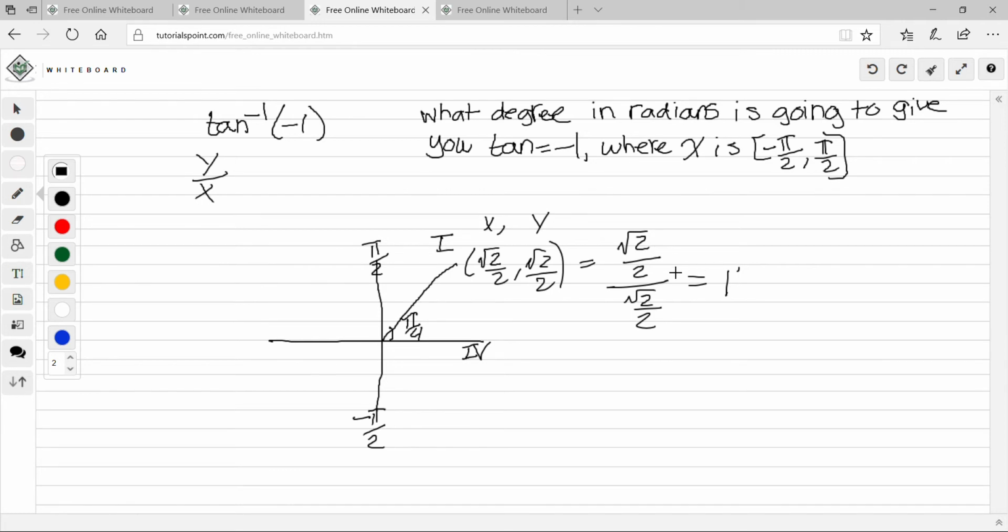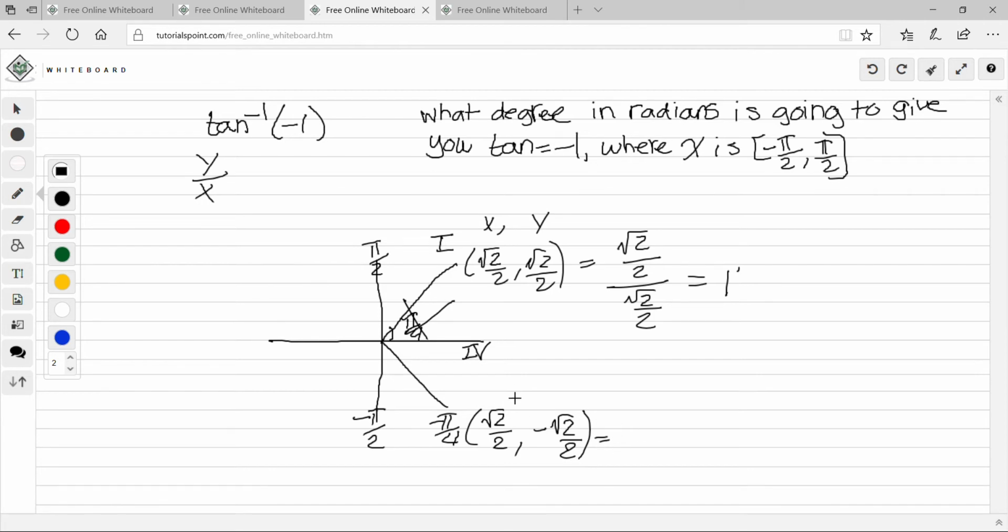But we don't want +1, we want -1. So we can't use pi over 4. Let's try a negative pi over 4. And that has a coordinate of, since it's in the fourth quadrant, sine is negative, so it's positive root 2 over 2, comma negative root 2 over 2.